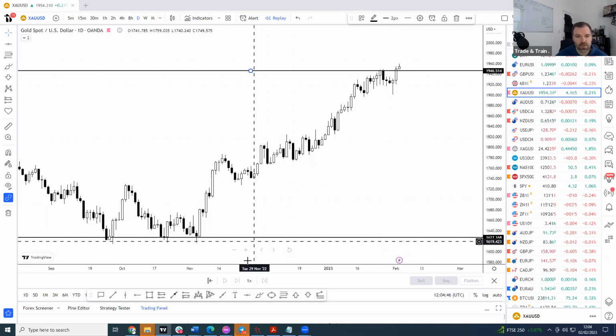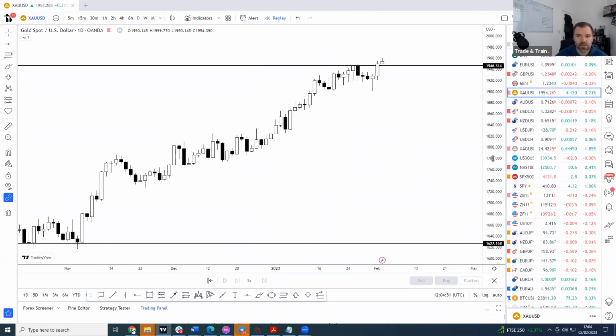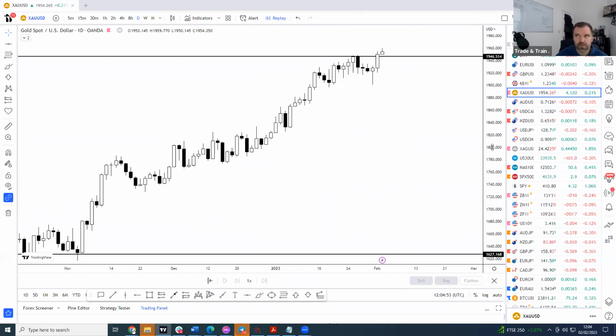So if you're a market maker, you've got huge orders on your books. In order to fill those orders, you need the market to move in a particular direction. So there's sellers there, or in this instance, there's buyers there to maybe fill a huge sell order.